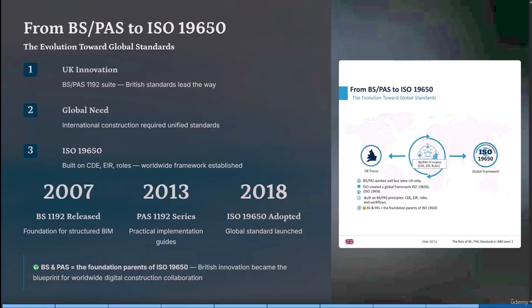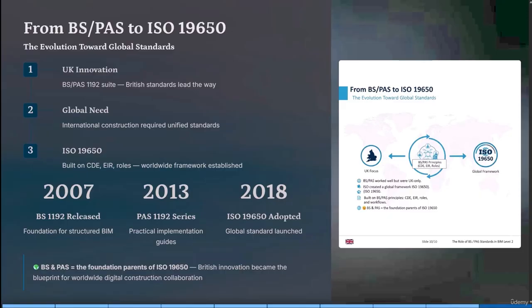It also enabled the clients to manage the projects better because at that time the industry had a common language. All I want to say is that BS and PAS were considered a revolution for the construction industry because from that time on the information was organized and managed from design to execution.